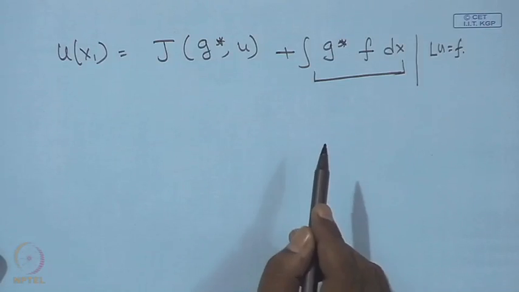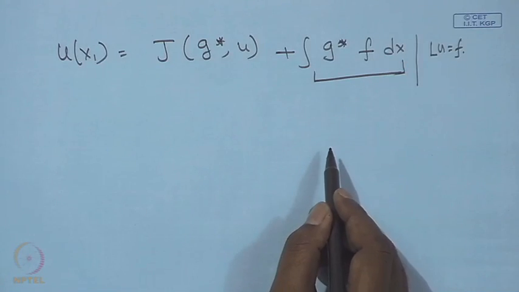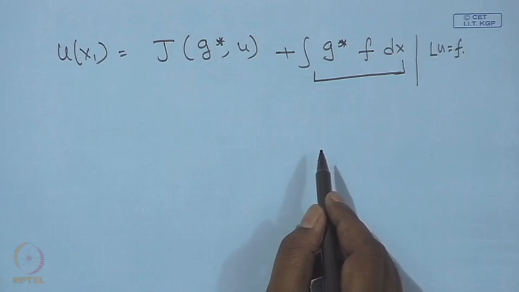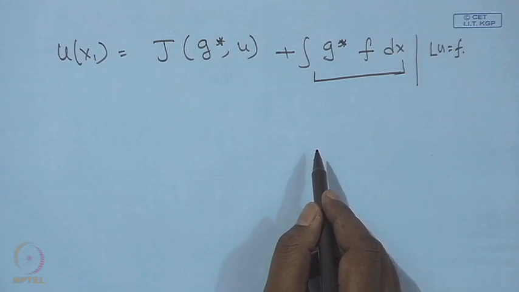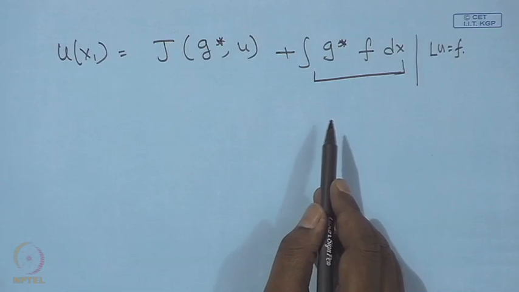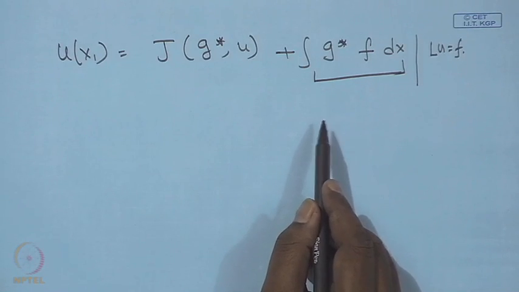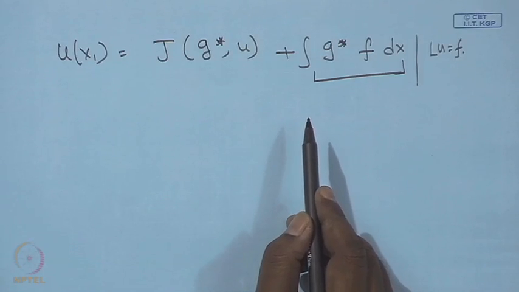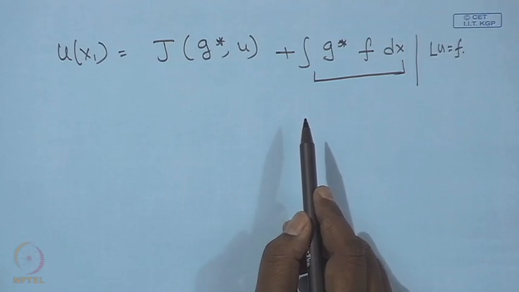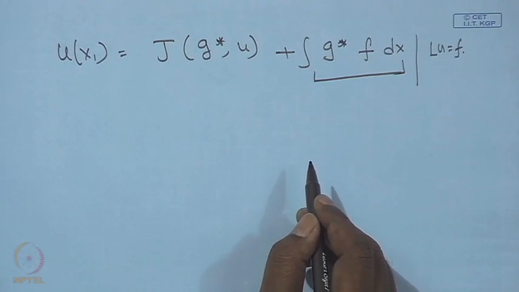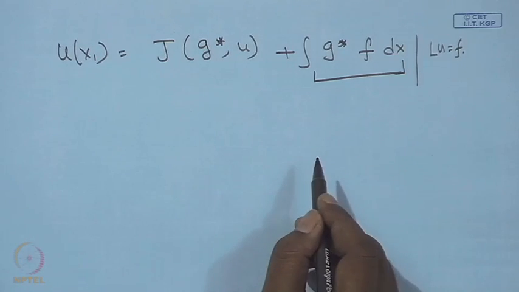Let us see. Now, in this equation, if you remember the steps, first we solve for the Green's function by constructing the causal Green's function. Once we get the causal Green's function, we change over the subscript and get the expression of the adjoint Green's function by the derivation we have done just a few minutes back, that G(x1 | x0) is equal to G star(x0 | x1).